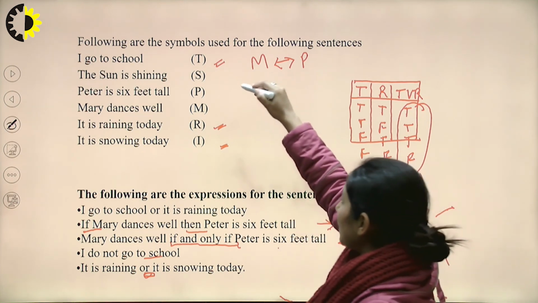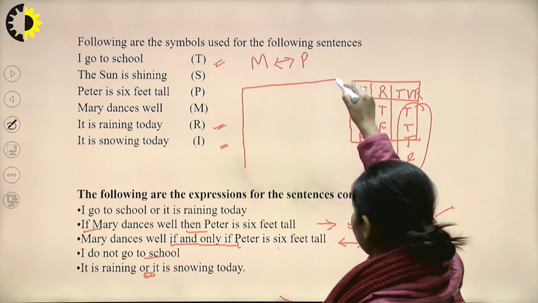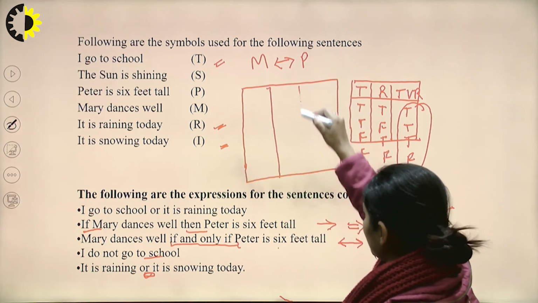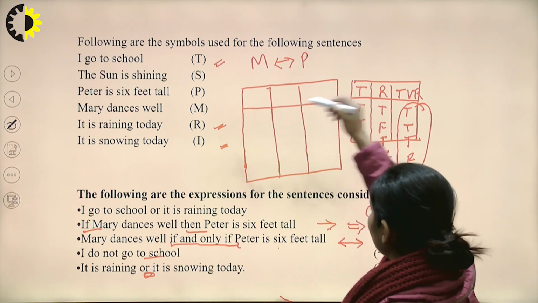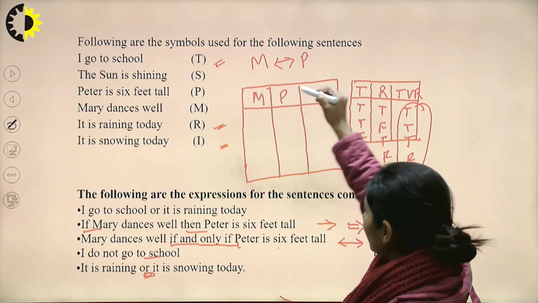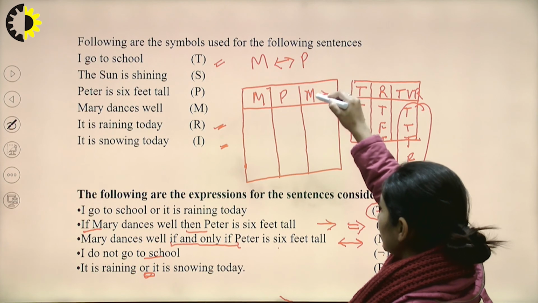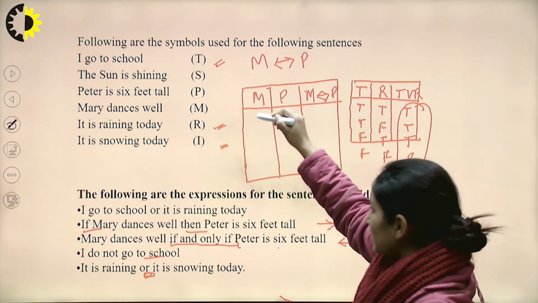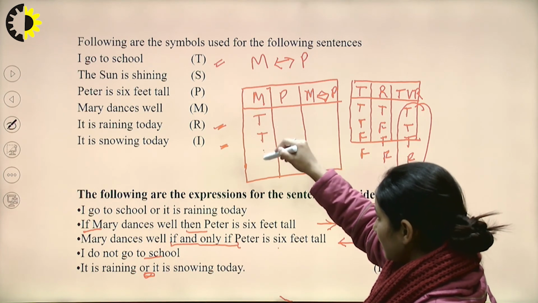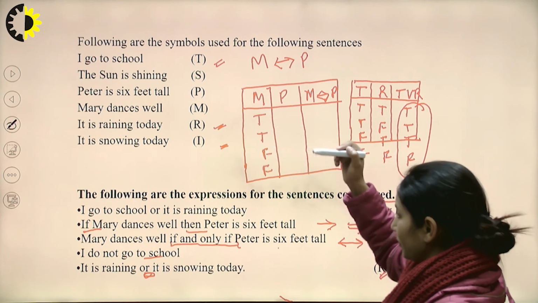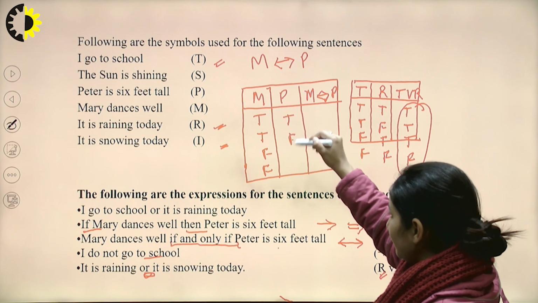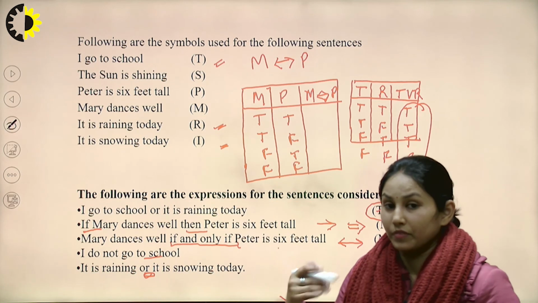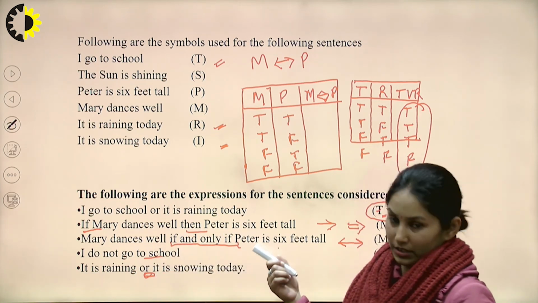So I prepare a truth table with columns M, P, and M biconditional P. The possible cases are T, T, F, F for M and T, F, T, F for P. These are the possible cases that could happen with this sentence.